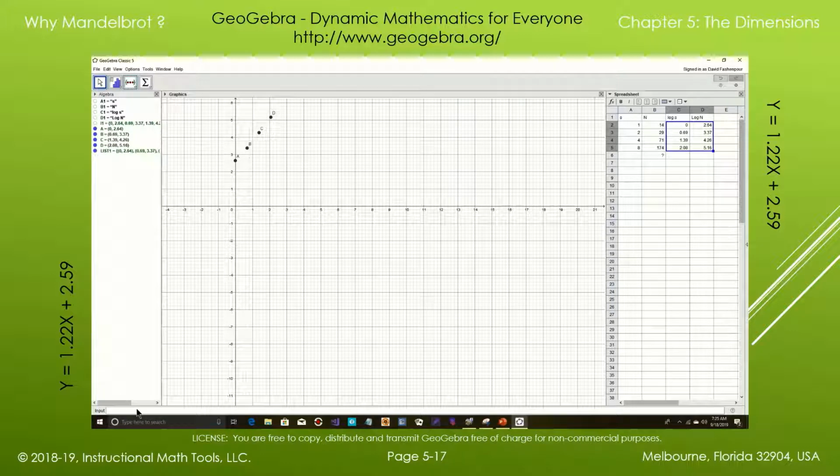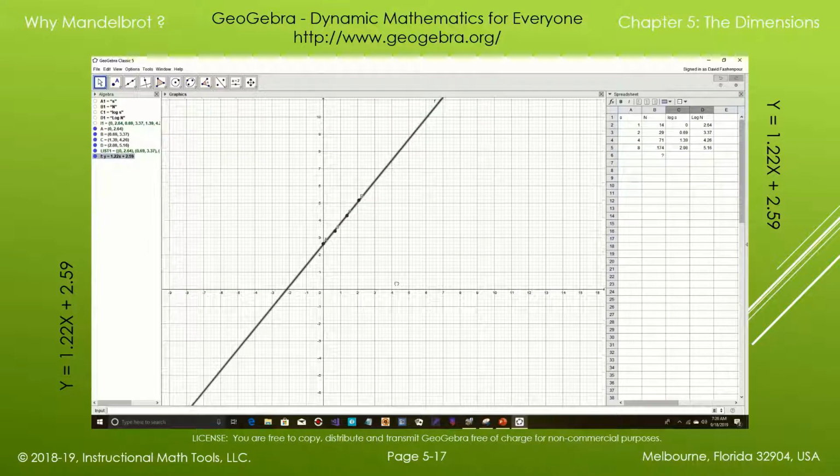And then we want to come down here at the bottom and do a fit line. For the fit line, we use list 1. And so there we have the best fit line for those particular points.